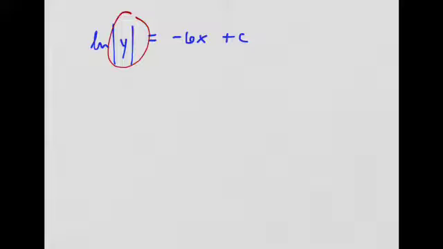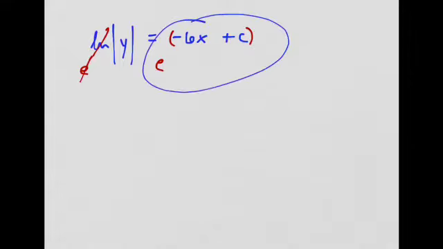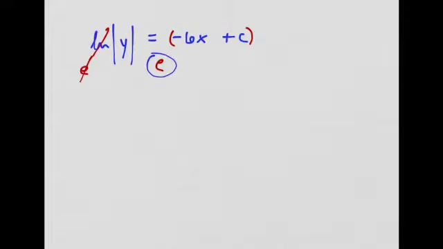We have the absolute value of y, but as soon as we exponentiate this side, y will be positive anyway, so it doesn't hurt us. So now I just get y. Technically it's the absolute value of y, but this is always going to be positive. No matter what I plug in there, I can't get a negative out of an exponent unless the base is already negative. So I'm just going to leave it as regular y.